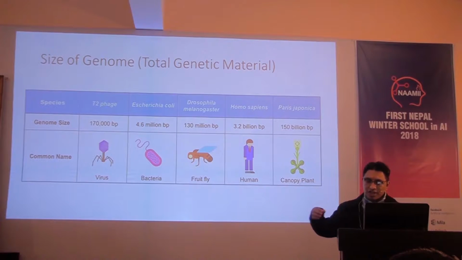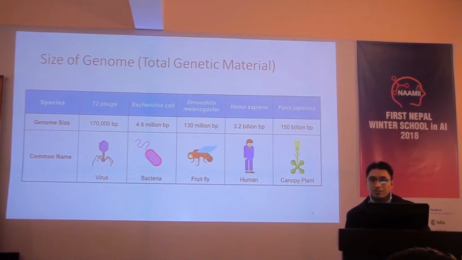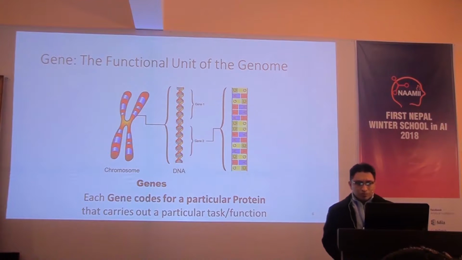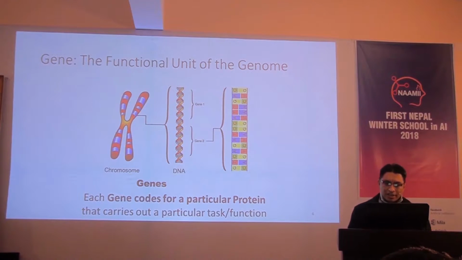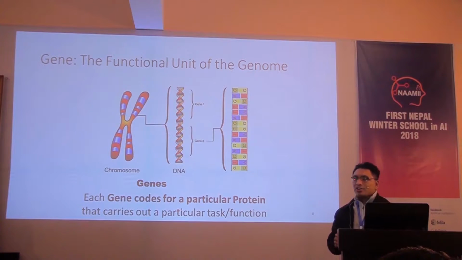So in each and every different organism, the total size of the genetic material really differs, and the combinations are very unique in each of these species. As I just talked about, this DNA is present in the form of a chromosome, and the DNA can be divided into multiple segments, which are called genes.